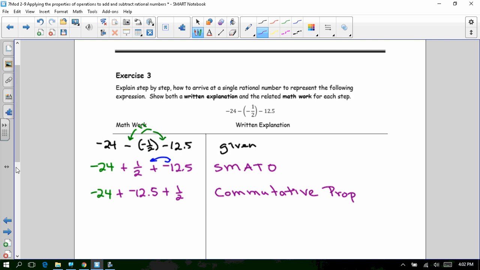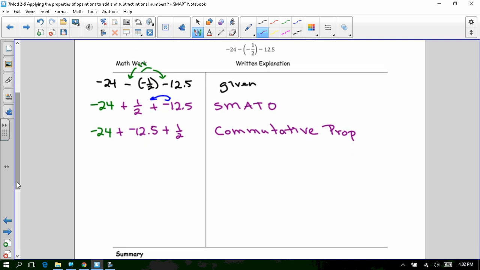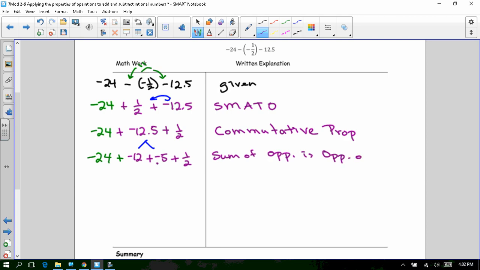Okay, now what? I think I'm going to break this one apart. So I have negative 24 plus negative 12 plus negative 0.5 plus a positive 1/2, right? The sum of the opposites. Sum of opposites is the opposite of the sums. That's the one that lets me rearrange these.